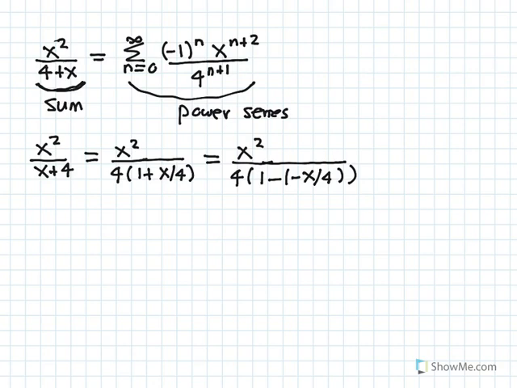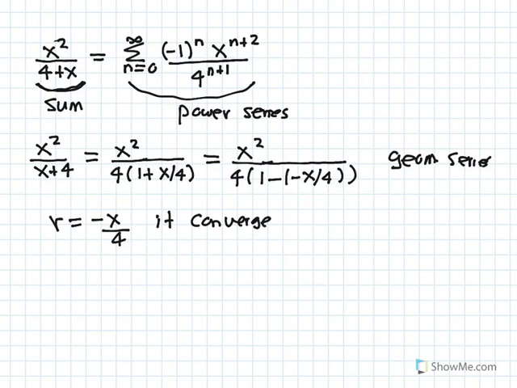And this is in fact a geometric series, with common ratio r equal to minus x over 4. And it converges when the absolute value of the common ratio is less than 1, when the absolute value of minus x over 4 is less than 1.